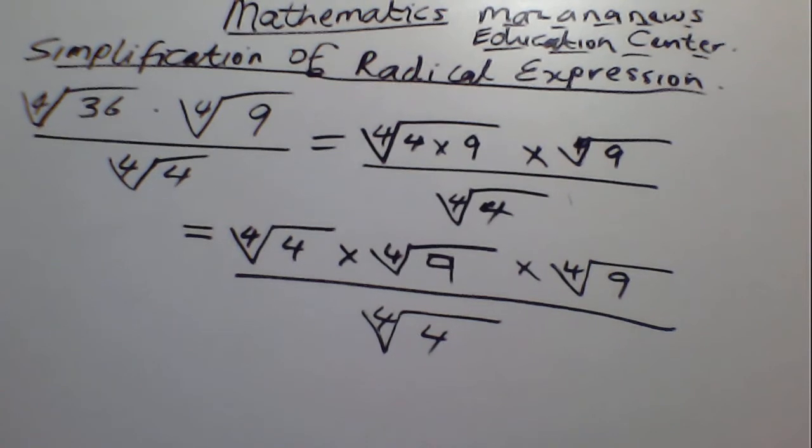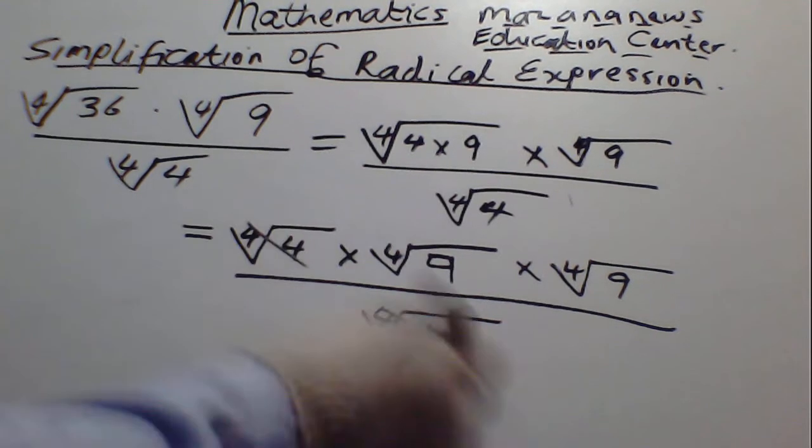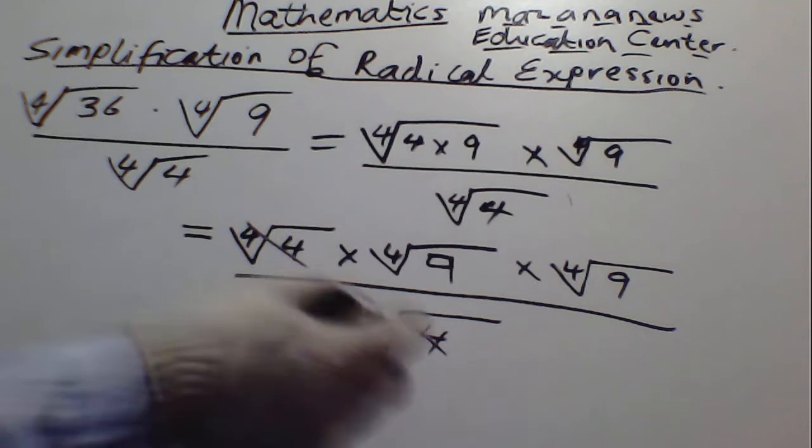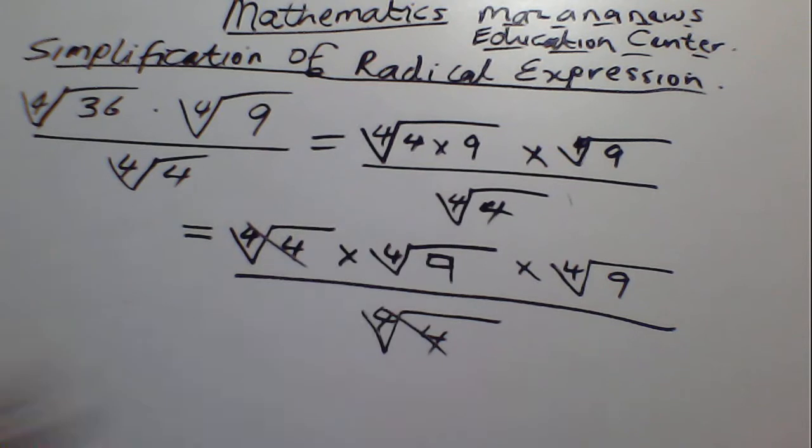We can cancel 4 here. They are the same. When they are the same, you cancel it out. So from here we now have the cube root of 9 multiplied by the cube root of 9.